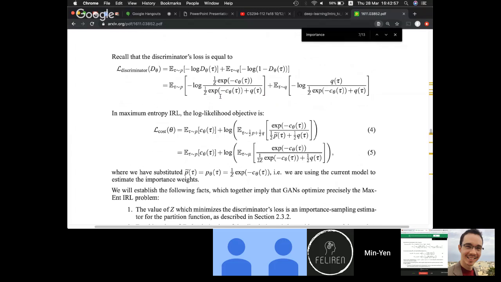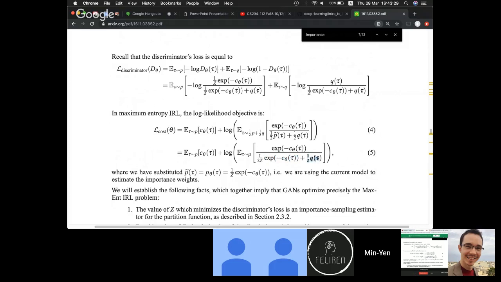So what he's trying to say is that in the previous work on maximum entropy inverse reinforcement learning, we have a very similar log likelihood objective, which is the cost function here, which is equivalent to this bottom statement. It has an exponential loss function between the actual samples and the generated samples.